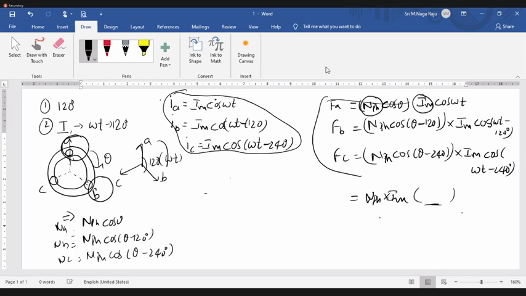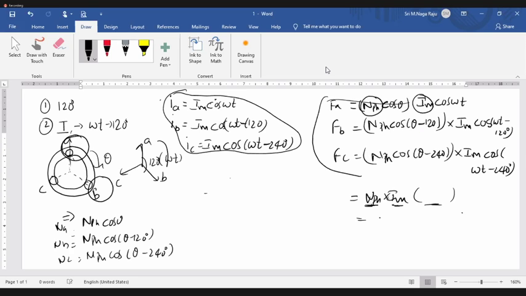See, what is N phase? Number of turns per phase. Im is the maximum value of current. N into I gives what? N into I is the MMF.